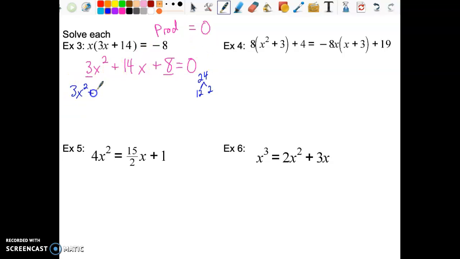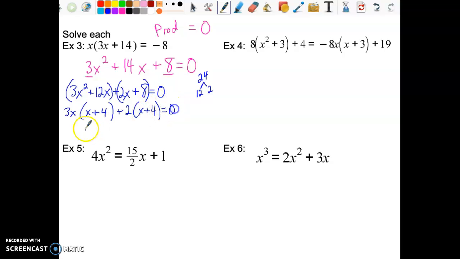3x squared plus 12x plus 2x plus 8. So group the first two things, and you get 3x, x plus 4. Group the last two things, you get 2 and x plus 4. So the x plus 4 can be joined together, and then 3x plus 2 as your leftovers can be joined together.